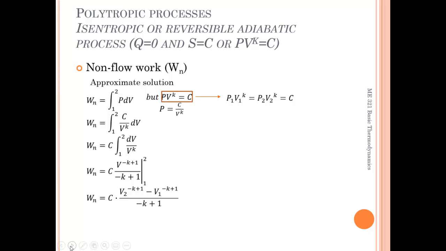Or we can express this as the final pressure times the kth power of the final volume. Therefore, by distributing the constant factor C to the two terms in the numerator, we will arrive at this form of the equation. Finally, by using laws of exponents, we can further simplify the formula using this alternative form.